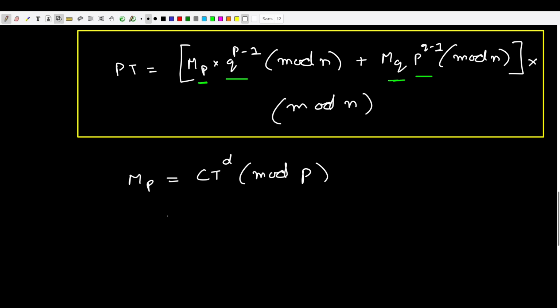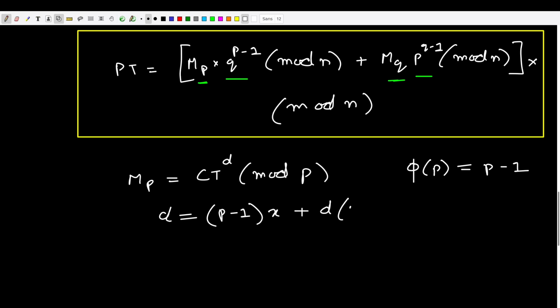What happens here is that we can say that d, let us say we are dividing d by phi(p), and since p is a prime number, phi(p) becomes p minus 1, right? So d becomes (p minus 1) times some x, plus d mod p minus 1.